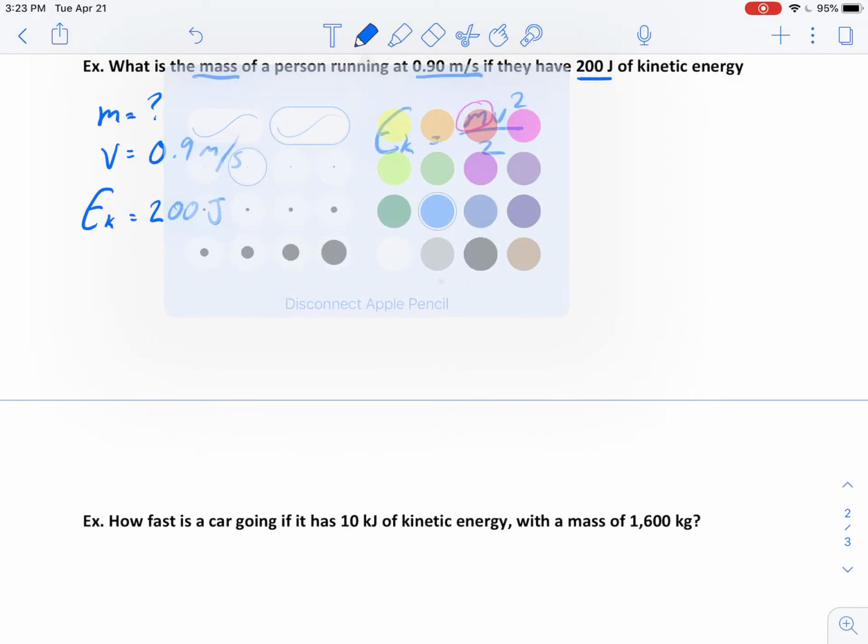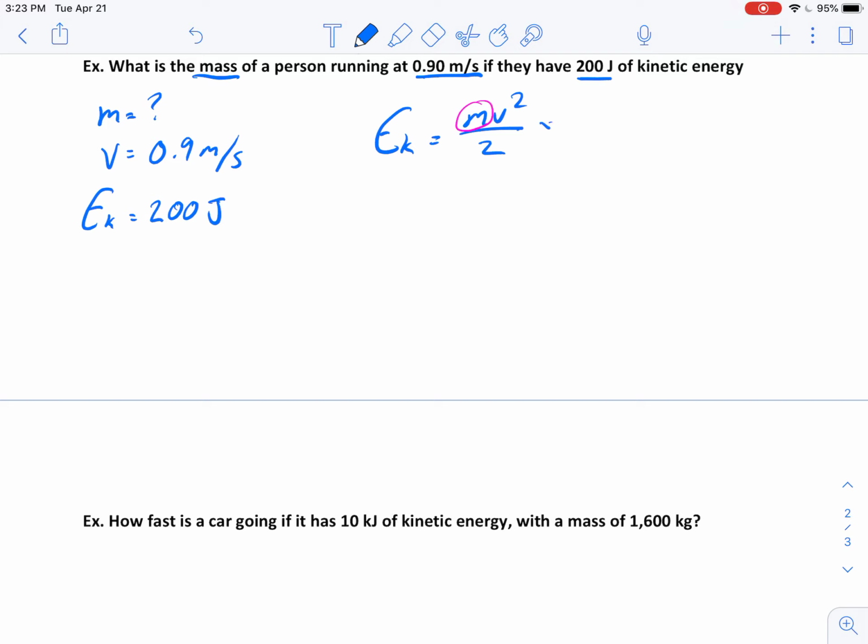So in order to do that, we're going to multiply by 2 to both sides, and you get 2 EK equals mv squared. Now we can divide both sides by v squared, and that'll cancel your v squares.